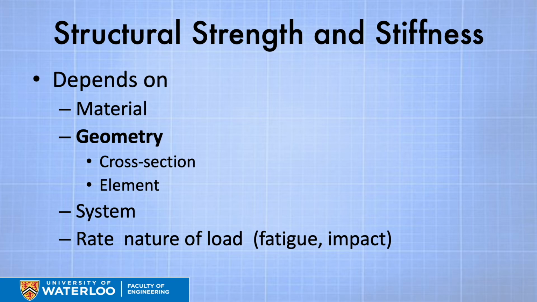Is it a load that acts on the system, materials, elements for 1 second, 1 minute, 1 hour, 1 month, 1 year, 1 century? Because many materials will respond differently to a short-term load than a long-term load.